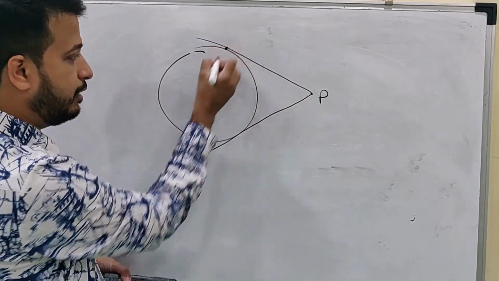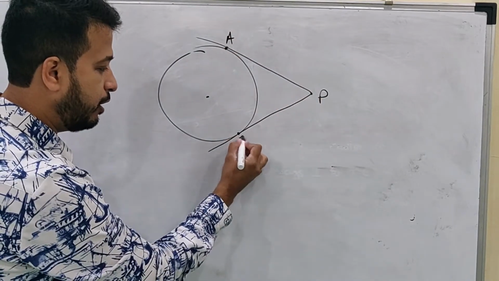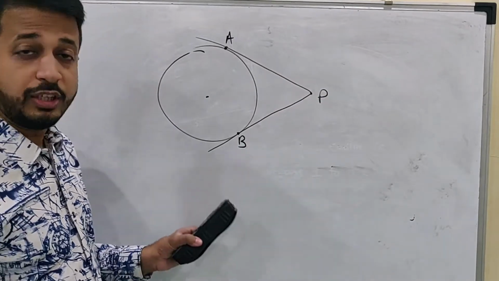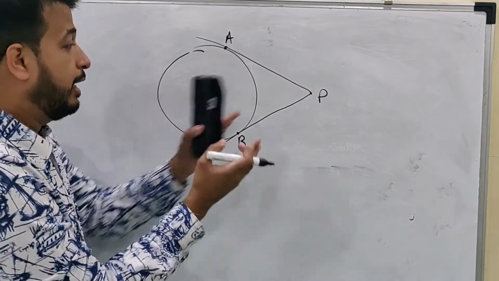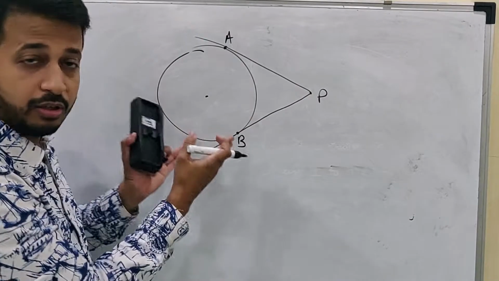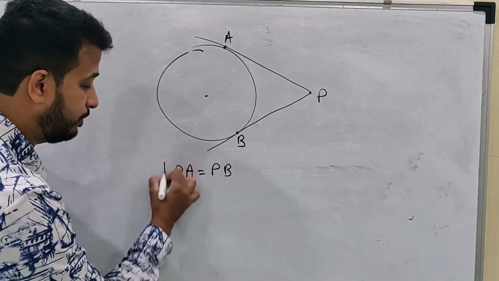This tangent touches at this point, so I can name it PA, and this tangent I can name PB. So PA and PB are my two tangents drawn from the same point. If there is a point from which I draw two tangents to the same circle, both tangents are going to be equal.